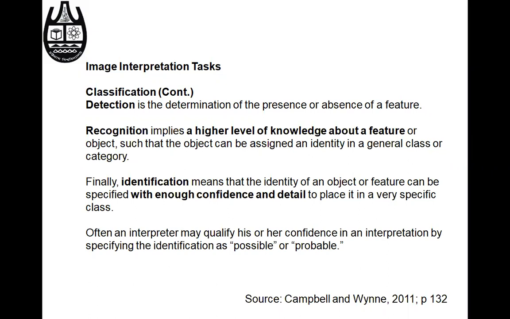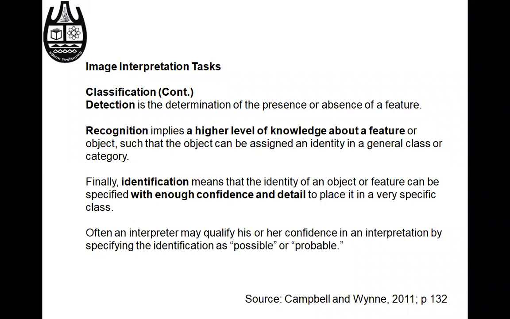But if your image is more hazy or has fewer details, maybe you can only see whether the things are there or not, or maybe you recognize the things but not with more confidence. Then maybe your image is not capable of giving you a total understanding or total interpretation.